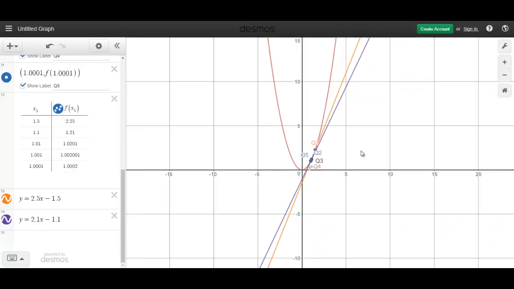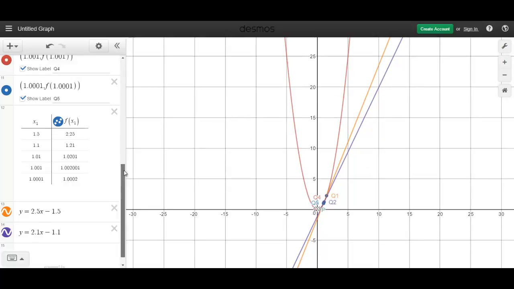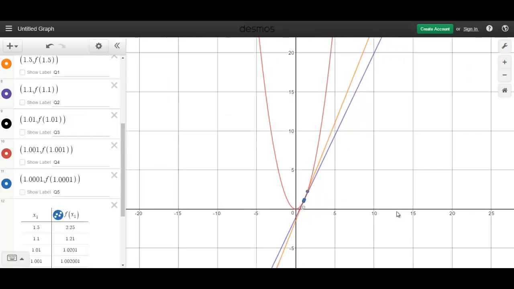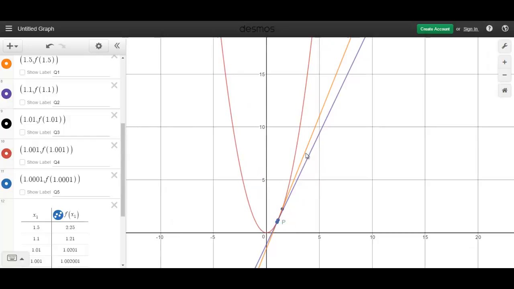Now if I zoom out too much, you can kind of see what's going on. I'm going to turn these labels off because they are all in the way. Let's leave maybe P, since that's what we're concerned with. The orange line is my secant line PQ1.